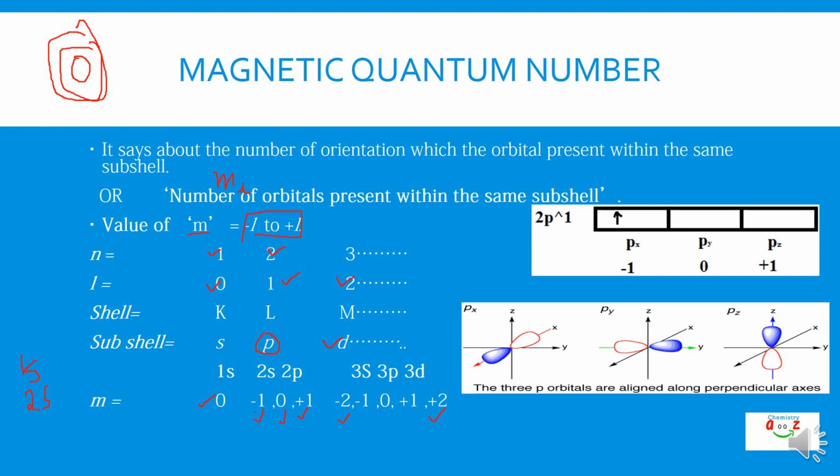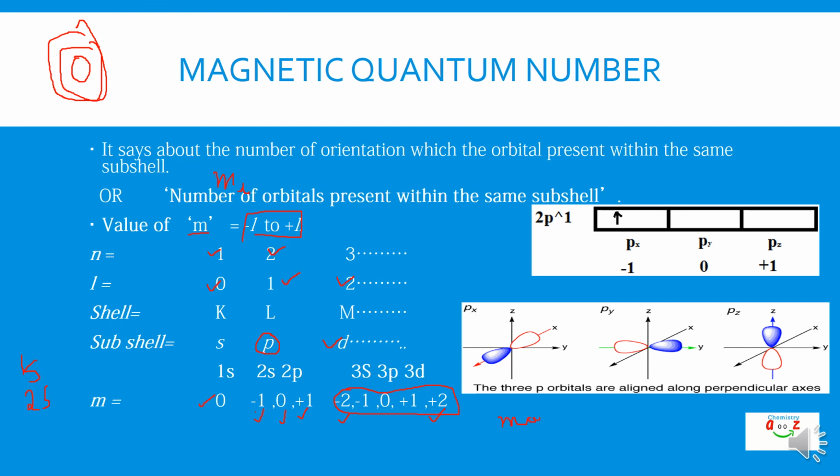और जब हम D सब सेल की बात करते हैं तो D सब सेल is having total 5 suborbitals. So in this D subcell, maximum how many electrons can be accommodated, student?